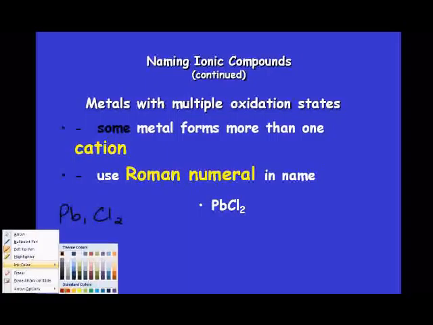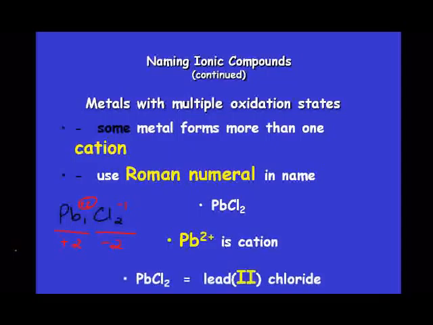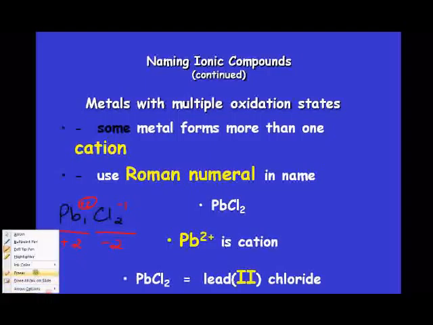We know from our work that chlorine has a -1 charge, meaning that the total negative charge is -2. So in order to be balanced, our total positive charge has to be +2. So in this case, the lead has to have a +2 charge. So Pb +2 is the cation, meaning that the name is lead 2 chloride.